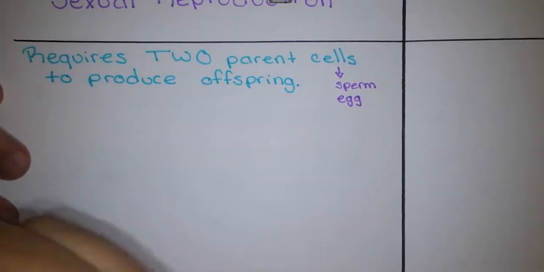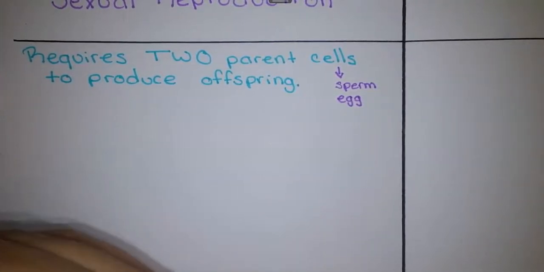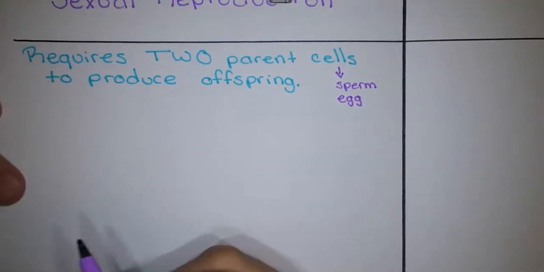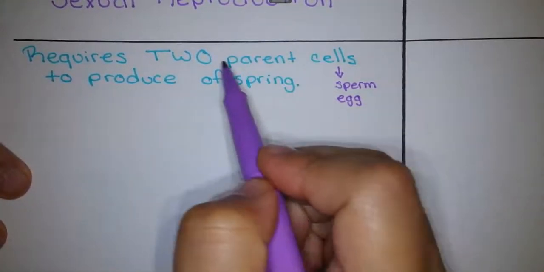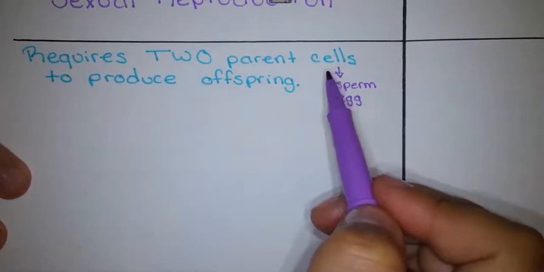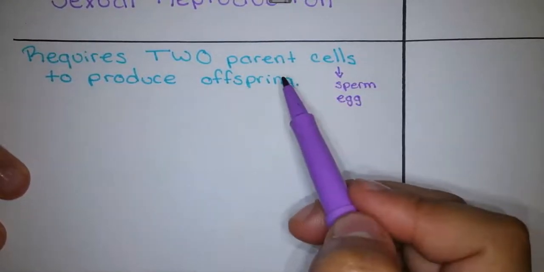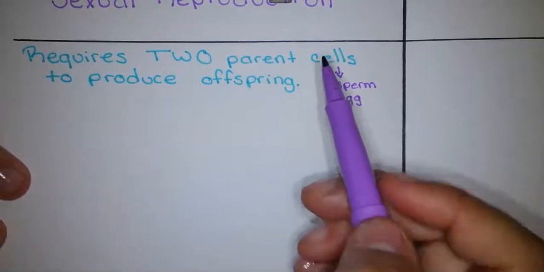One organism can produce both sperm and egg, for example, a worm. Okay, but they do have to have two parent cells. It doesn't mean that they have to have two parents. It means that they need two parent cells.